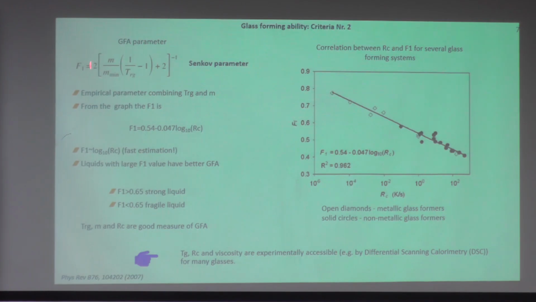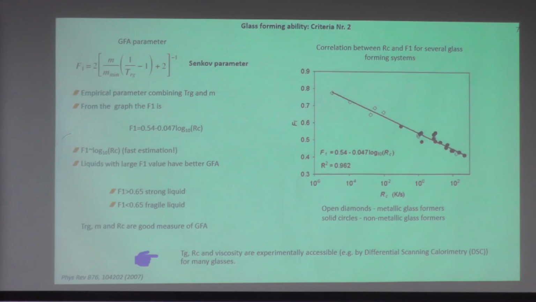This is an empirical parameter combining the glass forming temperature, and he found that if this parameter is larger than 0.65, this is a strong liquid, and if it is less than 0.65, this is a fragile liquid.